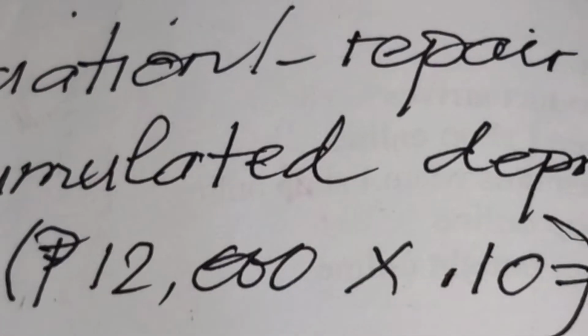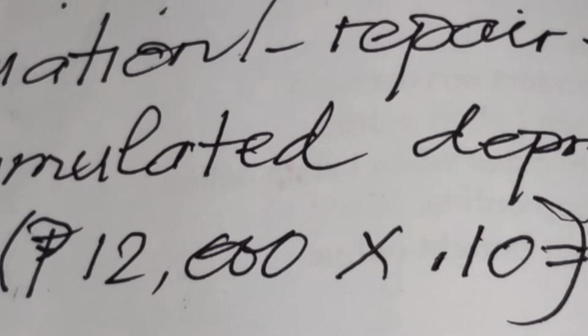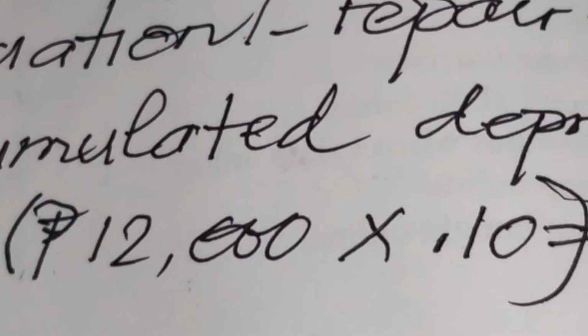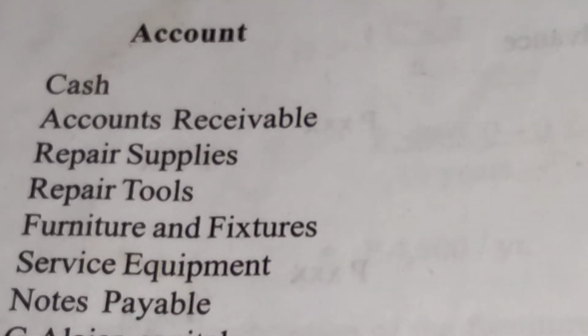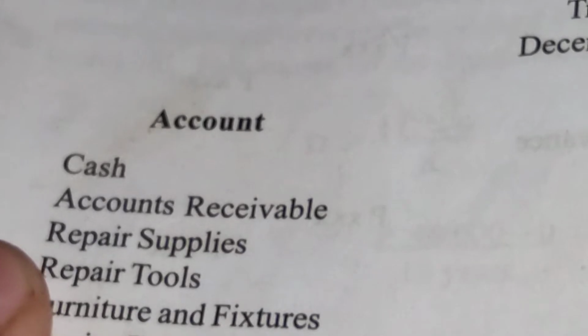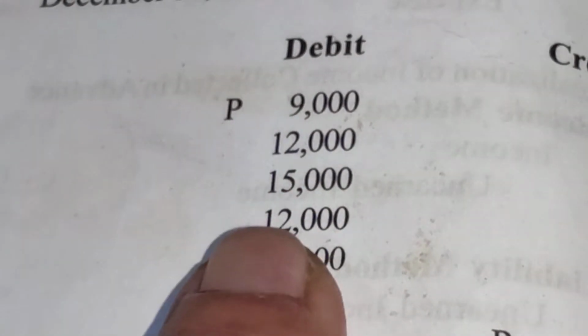The depreciable assets are the ones we depreciate, the fixed assets that are long-term. The repair tools are 12,000. So, the third and fourth. 1, 2, 3, 4. Repair tools is 12,000.